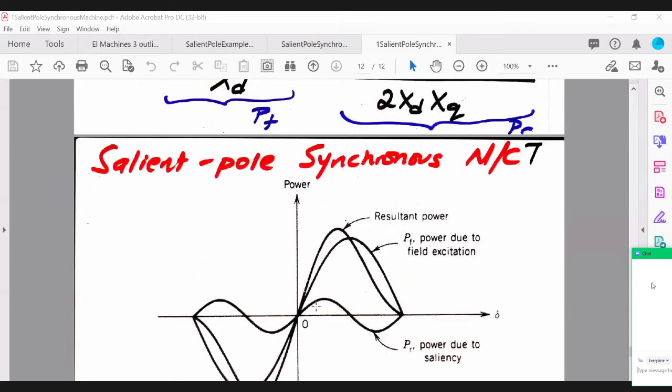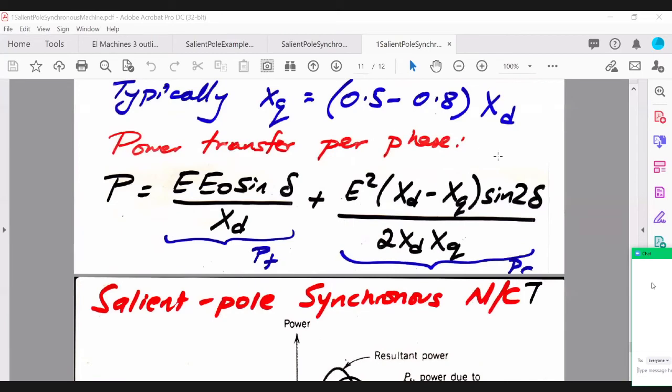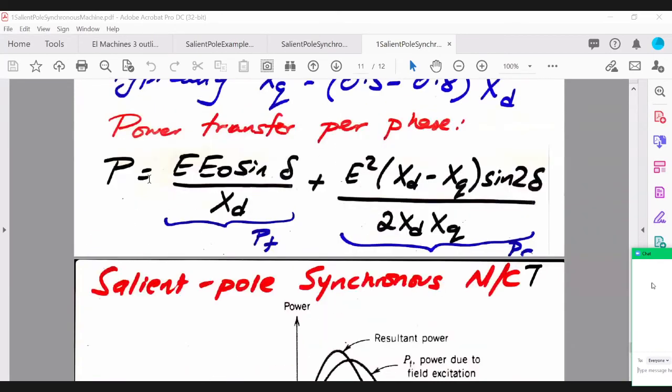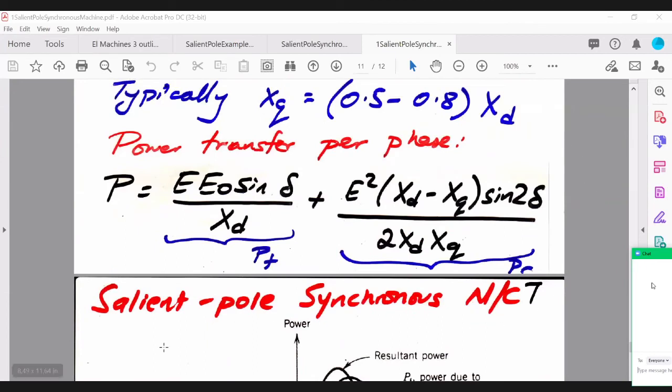So now we are writing the full equation of that resulting curve. It's given by two components. One is your field power, which you're familiar with, E naught sine delta over XS before, and now it's XD. And the saliency part is this component.